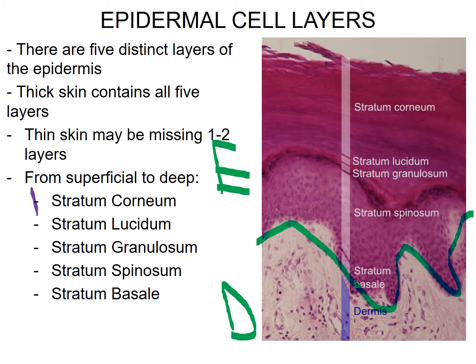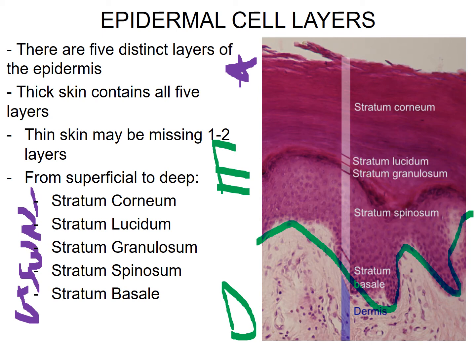We have the stratum corneum is the very, very top, or most superficial. That's actually what's touching the outside environment, if you will, or what the air is surrounding. Then we have the stratum lucidum. Followed by that, a little deeper, is the stratum granulosum, then the stratum spinosum, and the stratum basale, or that basal layer.